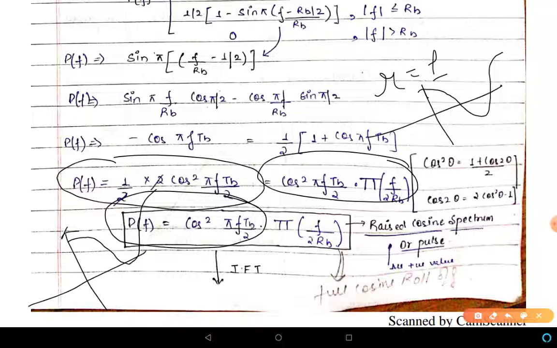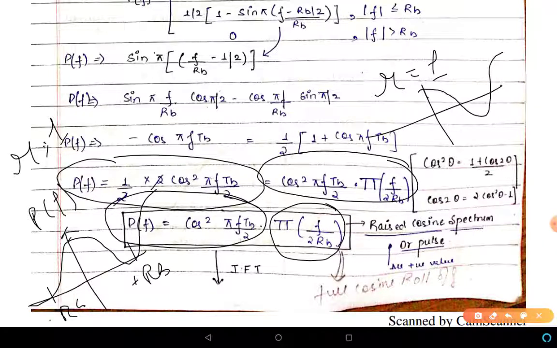So that is why this function, and what is this? This is a rect function to RB, that is from minus RB to plus RB. It is like this. So what is this? This is your PF, in the case when R equals 1.